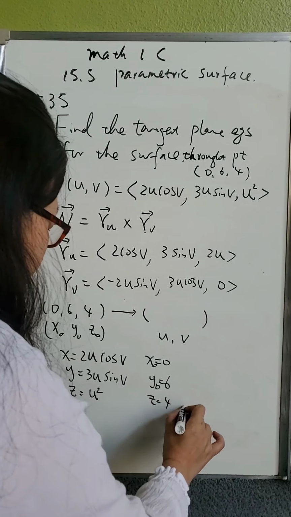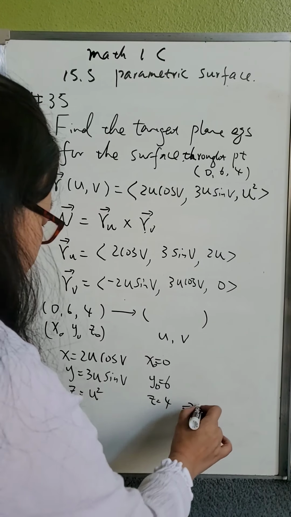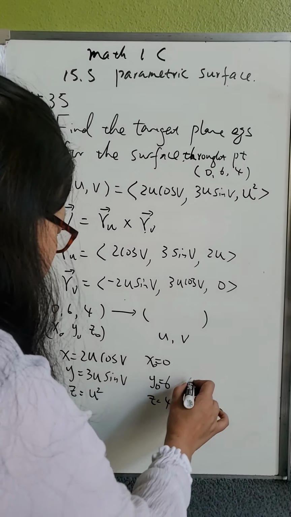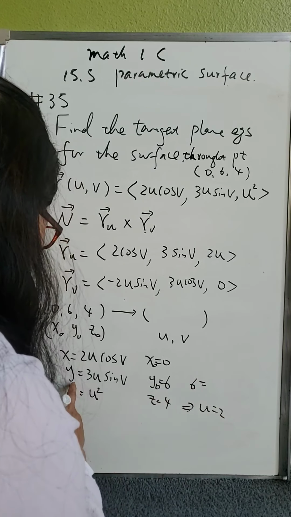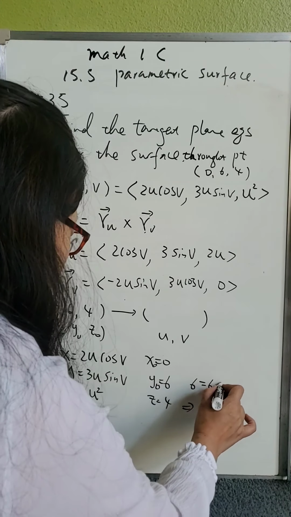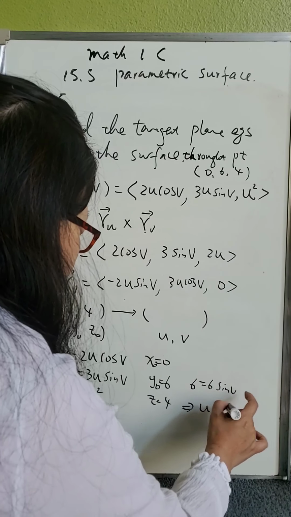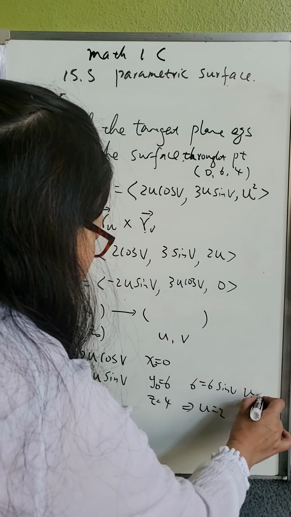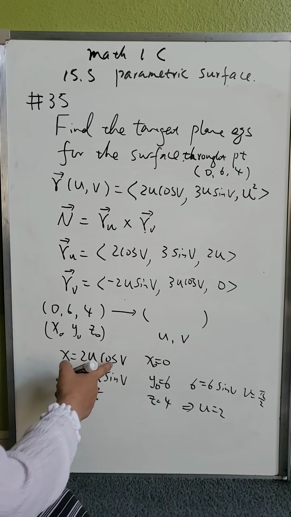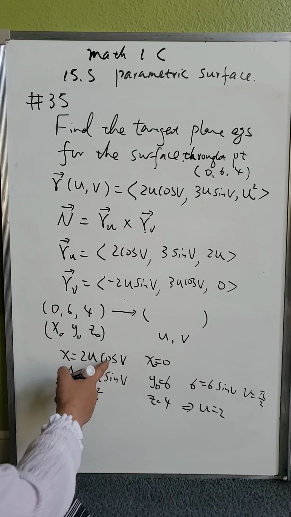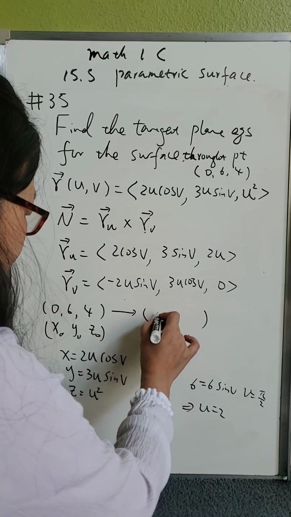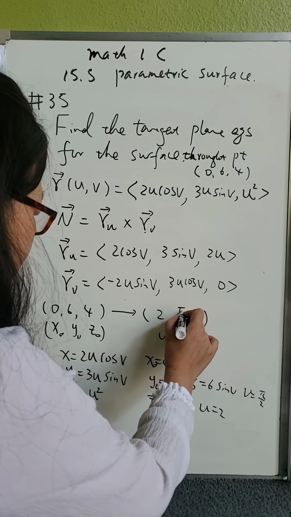Do this one first, it's easier. So that means u is equal to 2. So you have 6 equal to 3 times 2, which is 6 sine v. So sine v is equal to 1, so v is equal to pi over 2. And if I take the x equation, I will also get pi over 2 because cosine equals 0. So therefore your (u, v) is (2, pi over 2).